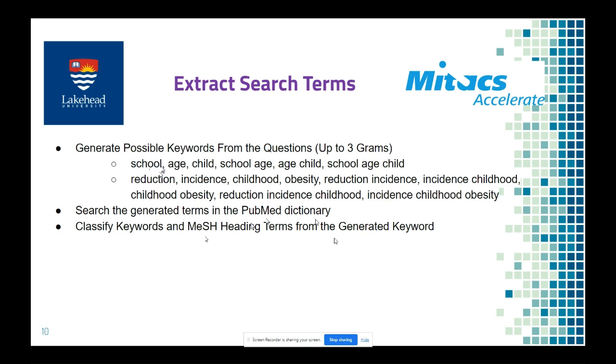In the same form, for example, decrease the incidence of childhood obesity, it will be generated in this form of keywords. And once we have these keywords, we look for each particular keyword in the PubMed dictionary, to see whether it can be considered a MeSH heading term or not.